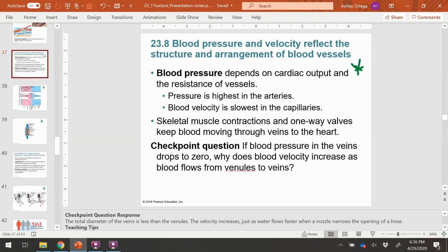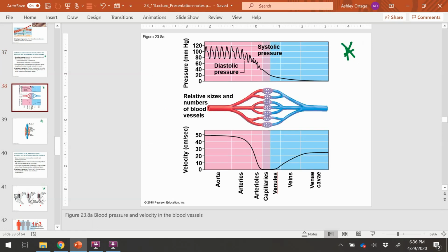Blood pressure depends on the cardiac output, the amount of volume per ventricular pump, and the resistance of blood vessels. It's best to understand in terms of where in the blood vessel it is, and we will see that process in this next slide.